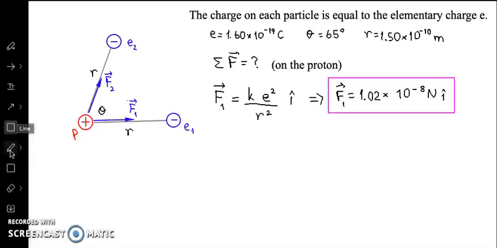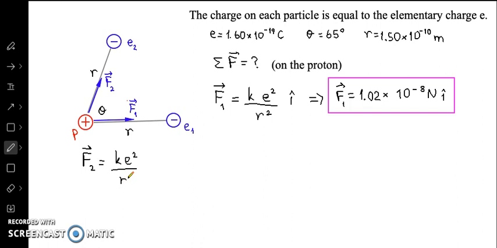The x component is going to be equal to the magnitude of F2 times cosine theta. The y component is the magnitude of F2 times sine theta. So let's set up our expression for F2. Both components are positive, and the magnitude of F2 is again K times E squared divided by R squared, exactly the same as F1 because the charges are the same, the distances are also the same.